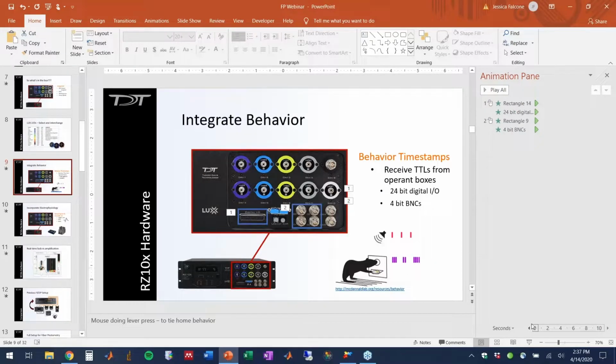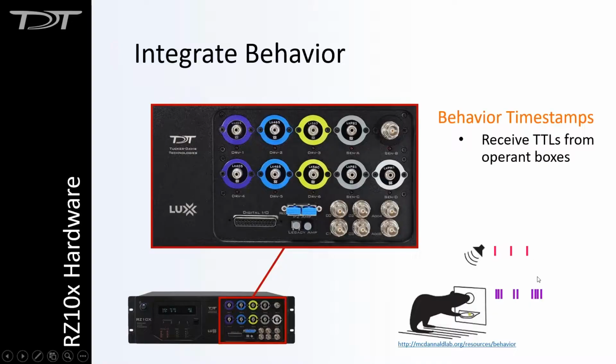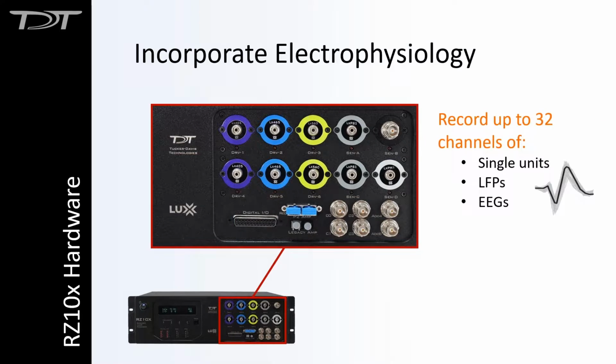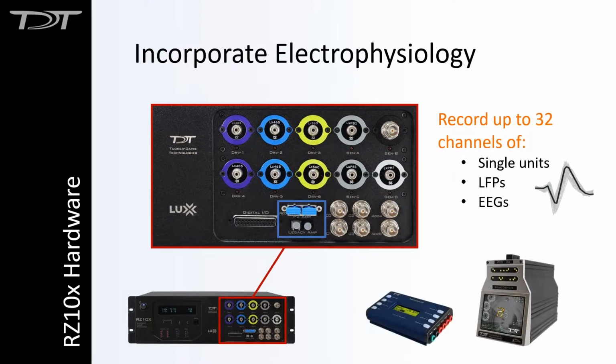If you're integrating behavior, we can integrate the TTL pulses through our digital IO. That's its own item. And then if you want to perform electrophysiology, we have separate fiber optic ports that connect to our TDT amplifiers, and you would require one of these amplifiers in order to record your signals. So they're two separate things.